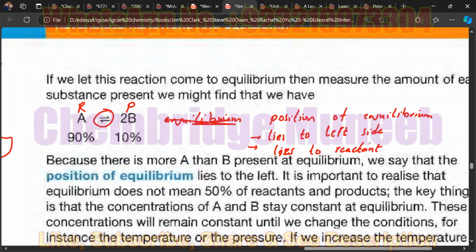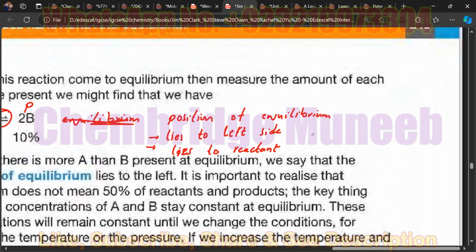The side which carries more amount is considered as the more favorable position of the equilibrium. So the equilibrium in this case lies to the left side, or lies to the reactant side, or lies to the A side.